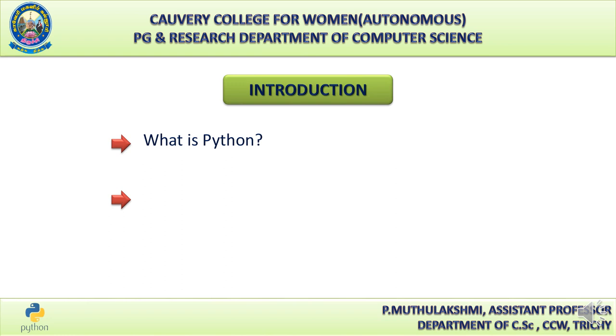Python is an open source software, which means that anybody can download it from www.python.org and use it to develop their own programs. Python was developed by Guido van Rossum in the year 1991.